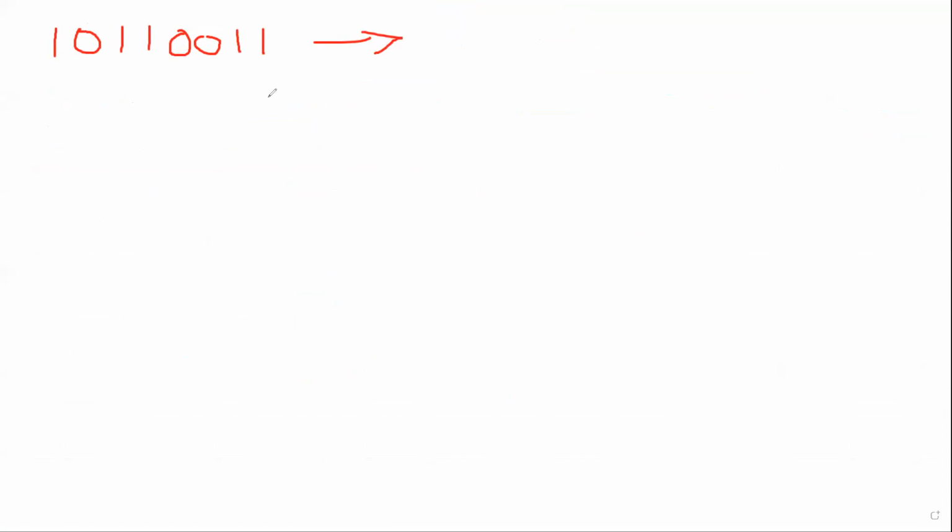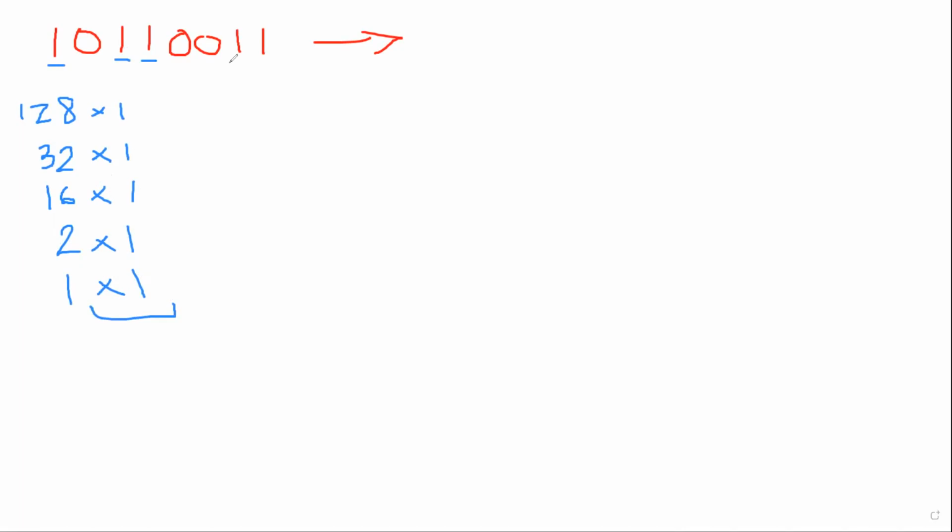You have 128, and then 64, 32. 64 is out. 32, yeah, 16, 8. Then we're just gonna write them all under it, 4, 2 and 1. This times 1 means that it's just on. Okay, I just started and then went on with it.